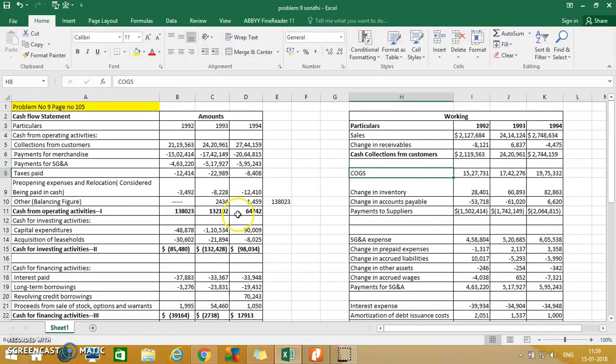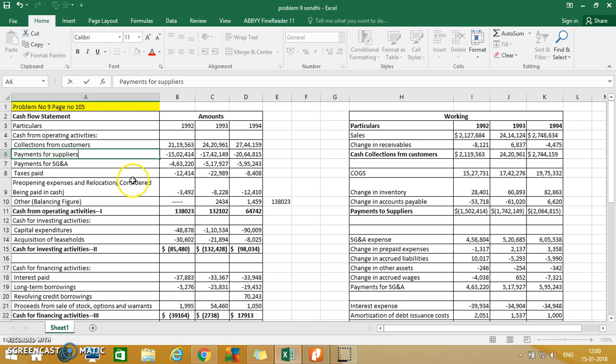Then if you are looking at the other operating activities, the expenses and all, let us say for example here you have got the payment to the suppliers. This payment to the suppliers has been written here, payment for the merchandise, I would rather say suppliers.